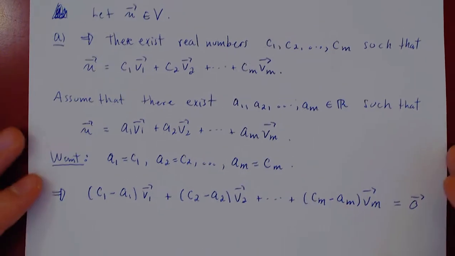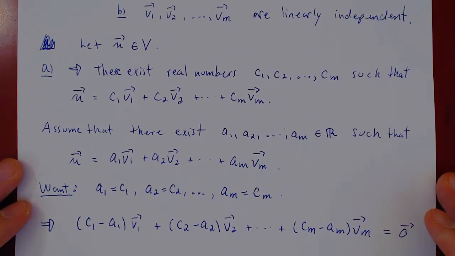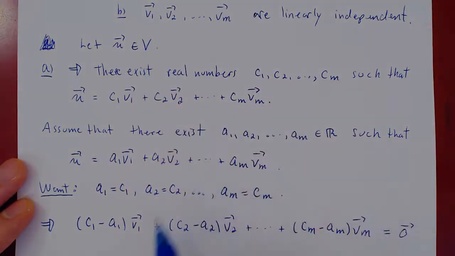And now here's where the property of the vectors being linearly independent kicks in. We have here a linear combination of the vectors v1, right? Some multiple of v1 plus some multiple of v2 up to some multiple of vm being the zero vector.